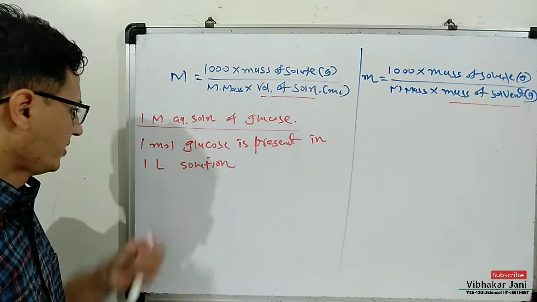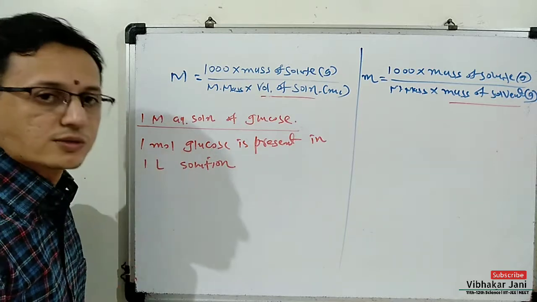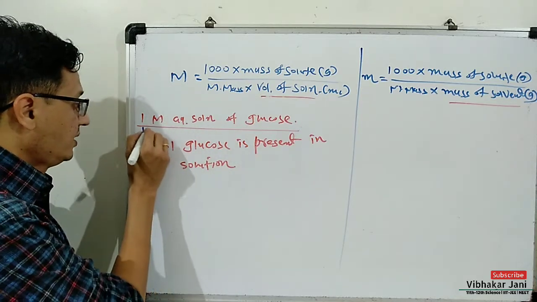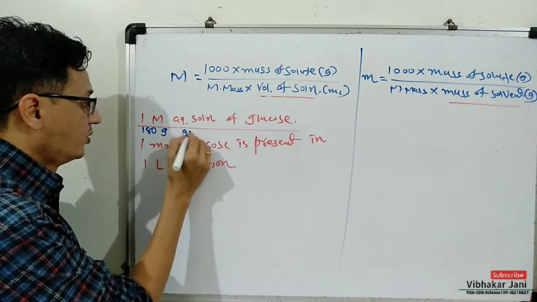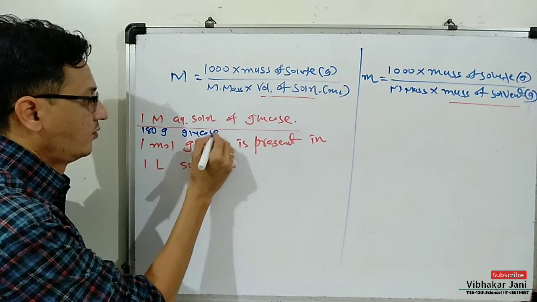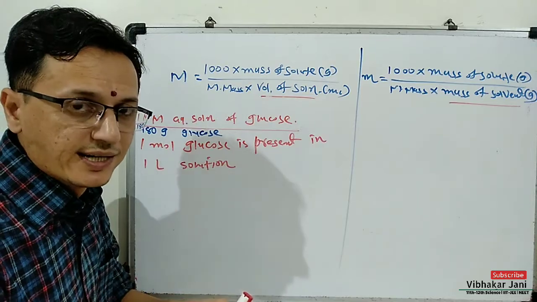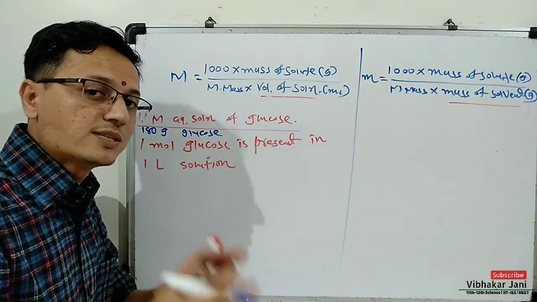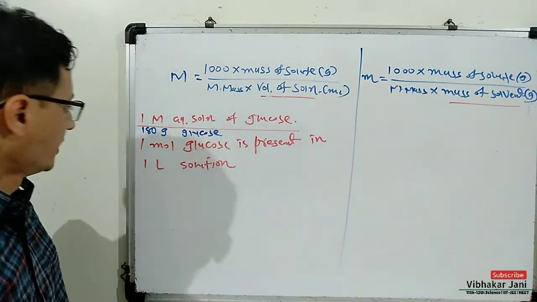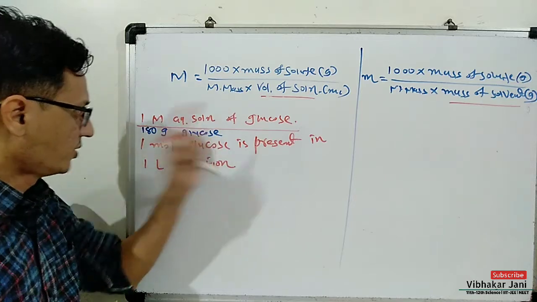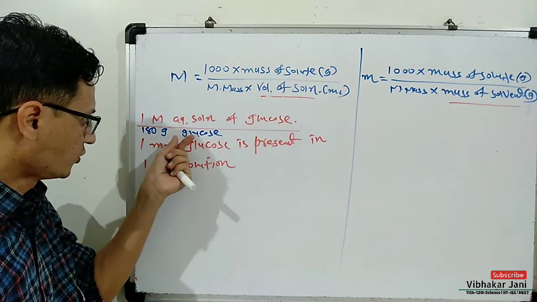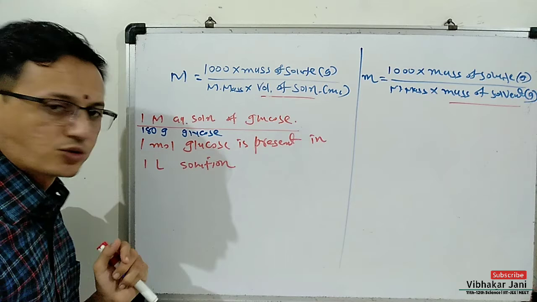Now you know very well that 1 mole glucose means 180 gram glucose. Why? Because the molecular mass of glucose is 180 and 180 gram glucose is equal to 1 mole glucose. So 1 molar aqueous solution of glucose means 180 gram glucose is present in 1 liter solution.